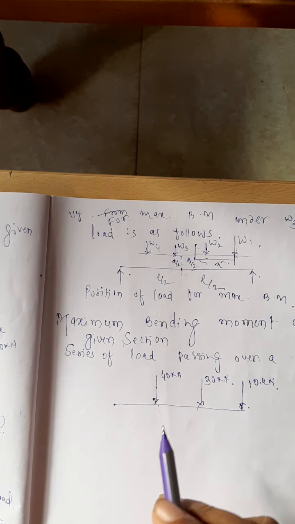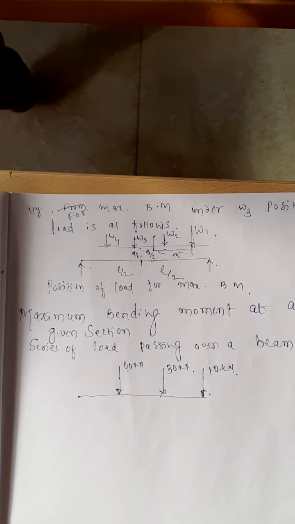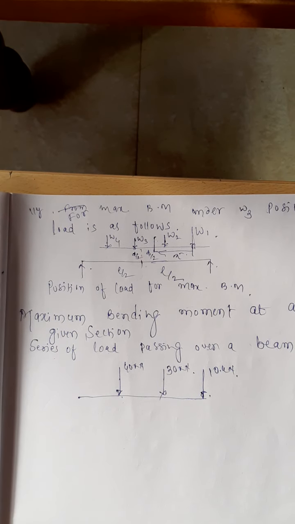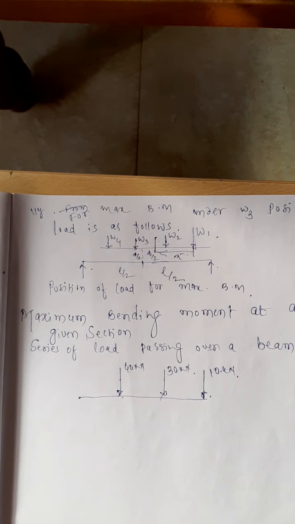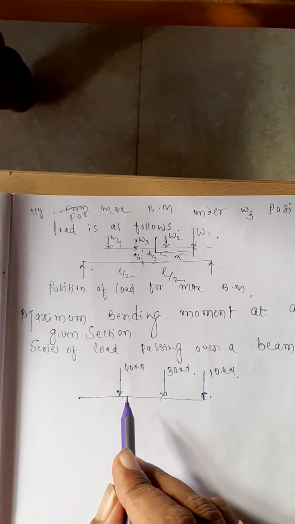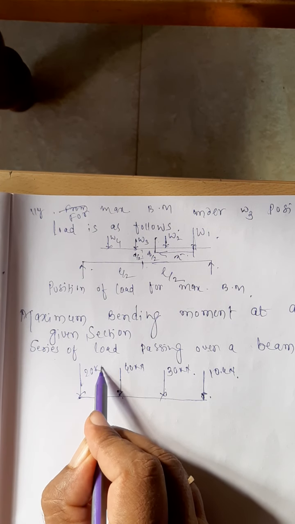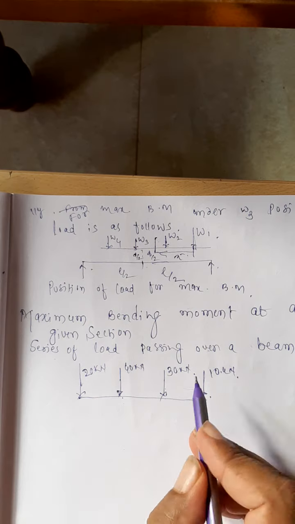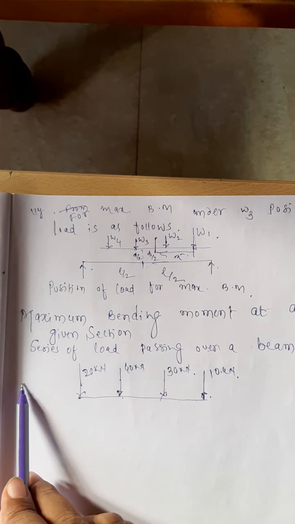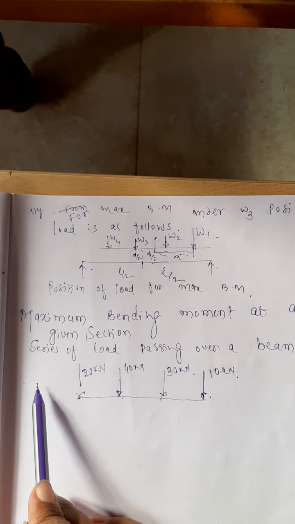Yes friends, it is a bit difficult for you, as per my opinion or experience, to understand the things from the books. That is why listen to me carefully. So this is 10 kilonewton, 40 kilonewton, 30 kilonewton, 40, 30 kilonewton, and one more load is equal to 20 kilonewton. This series of loads, like one vehicle behind the other vehicle at fixed distances, they are moving over that particular structure, or a train of loads we call it.